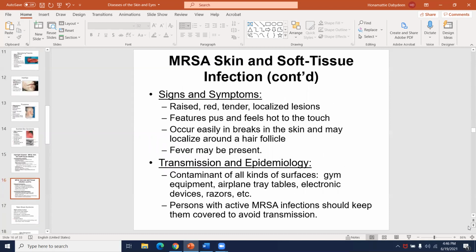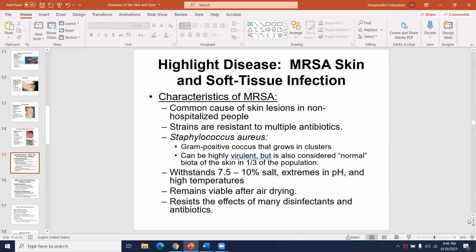So what makes it the MRSA? Well, at one point, methicillin used to be one of the drugs of choice for treating staphylococcus infections, because this organism, for some reason, is generally not going to respond to things like ampicillin and many of the penicillins, first line penicillin, ampicillin, and so on.